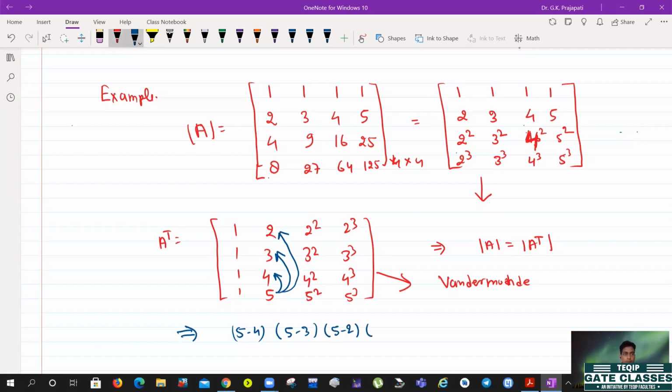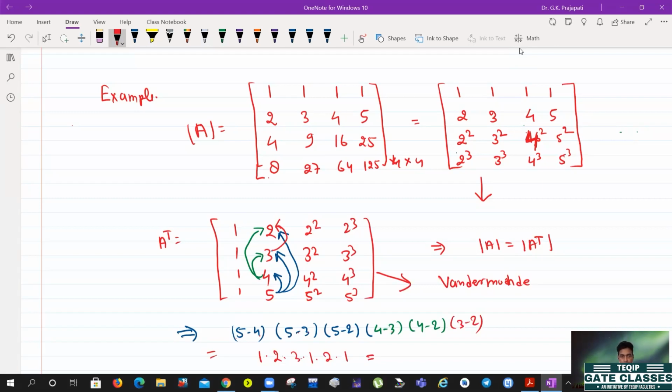And now take the element 4 minus 3 and 4 minus 2, and in the last we can take here 3 minus 2, and solve it. 5 minus 4 means 1, 5 minus 3 is 2, 5 minus 2 is 3, into 4 minus 3 is 1, into 4 minus 2 is 2, into 3 minus 2 into 1.